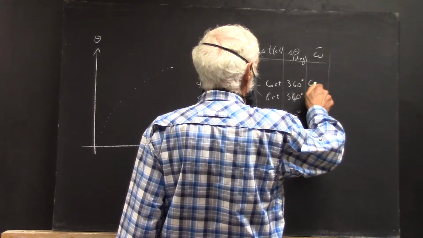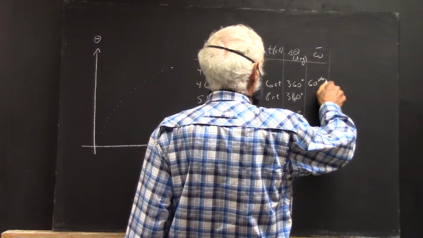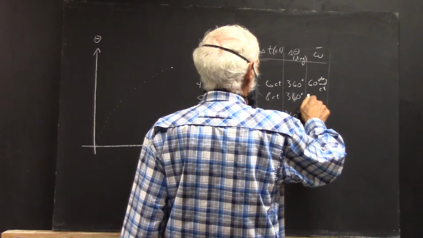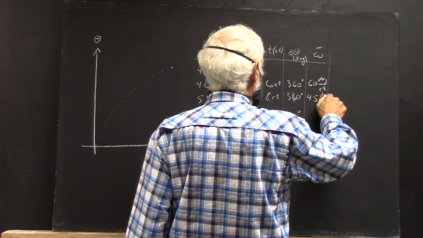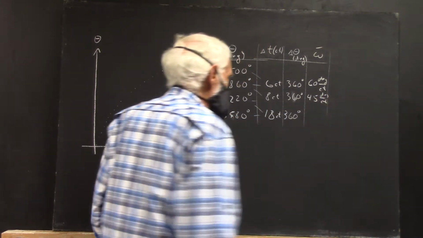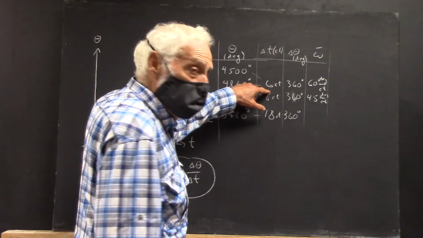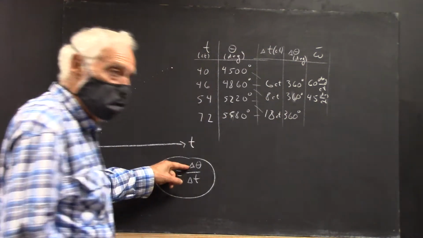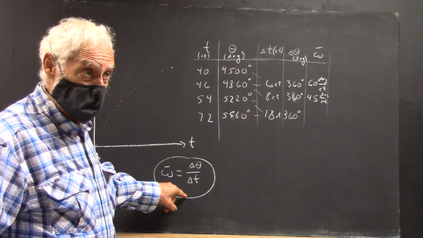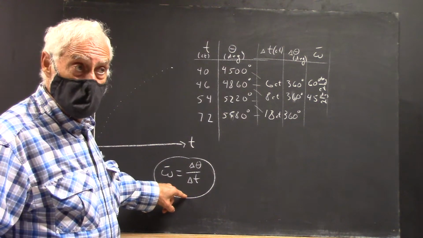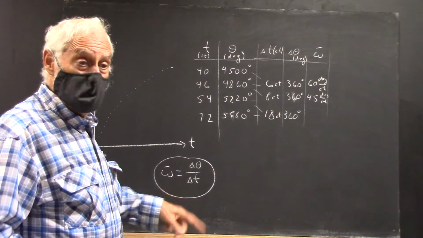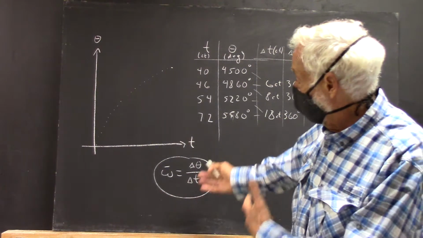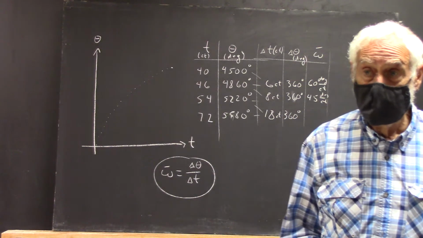So you got 60 degrees per count. And here you got 45 degrees per count. And of course, we're dividing the change in theta by the change in your count. Change in theta divided by change in count. That's what you always do for an average rate of change. And has it occurred to anybody what calculus concept this is leading to?